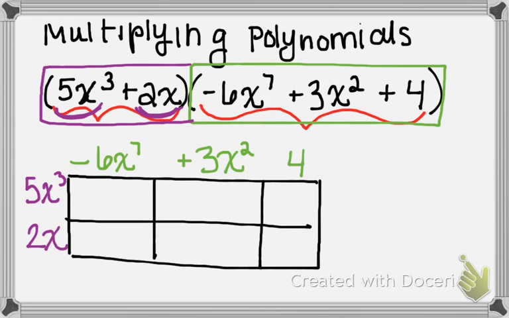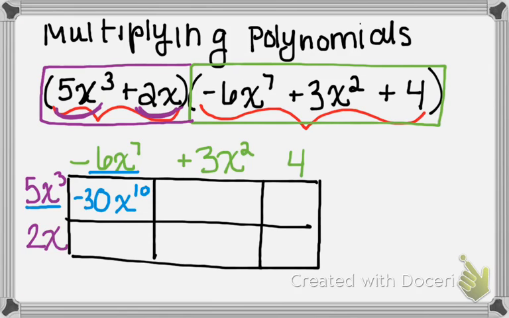So to get that top left box, we're multiplying 5x cubed times negative 6x to the 7th. So 5 times negative 6 is negative 30, and then when we have x cubed times x to the 7th, we can add the exponents, and so we get x to the 10th.